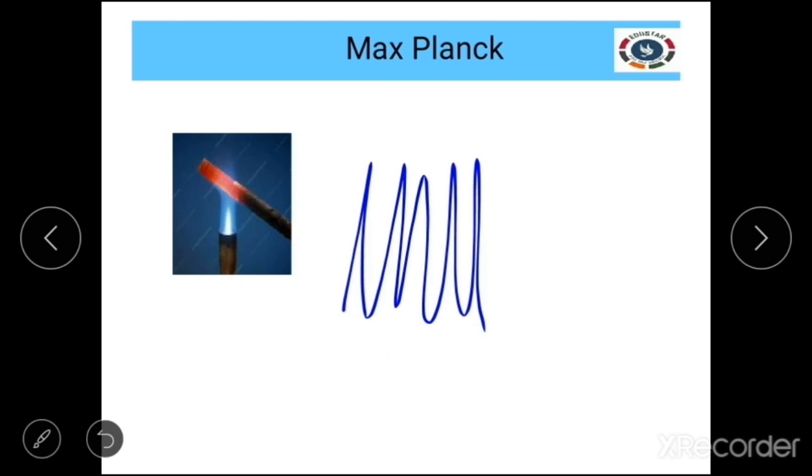Look at the visible spectrum. In the visible spectrum, red light has a longer wavelength and blue light has a shorter wavelength. So only when the temperature is increased does the color change to blue. Even in our gas burner, we can see only a blue flame. This indicates that we are giving much energy, right?